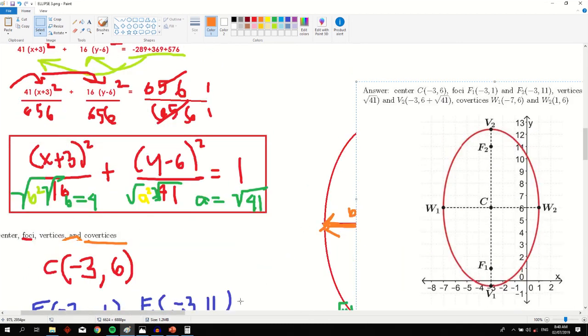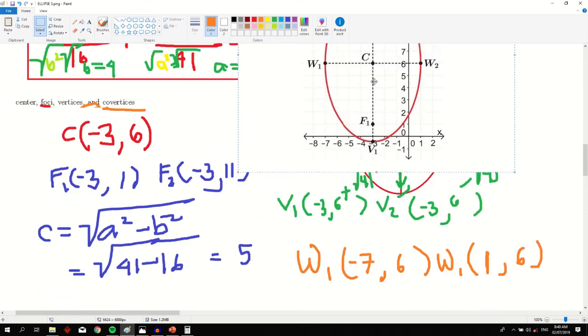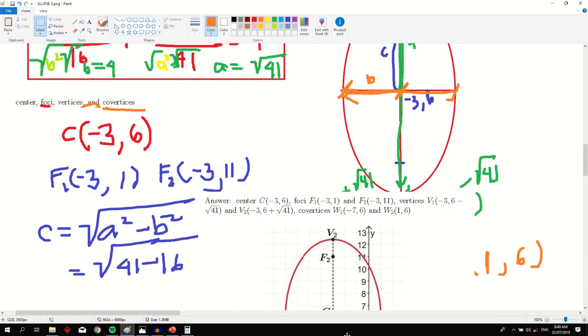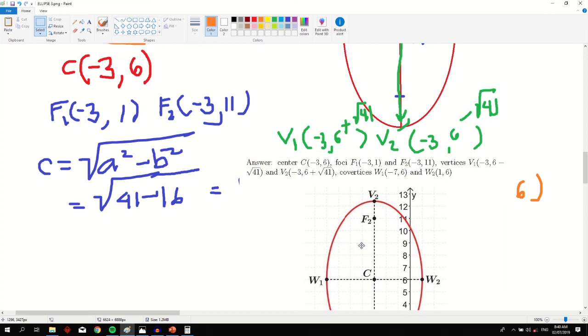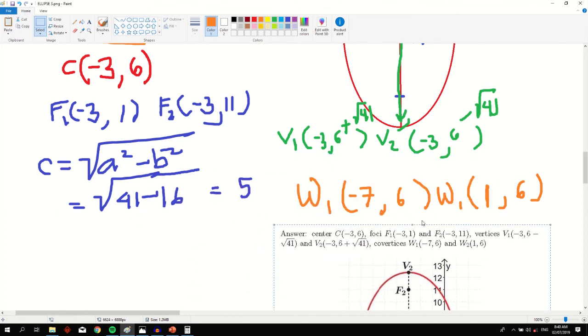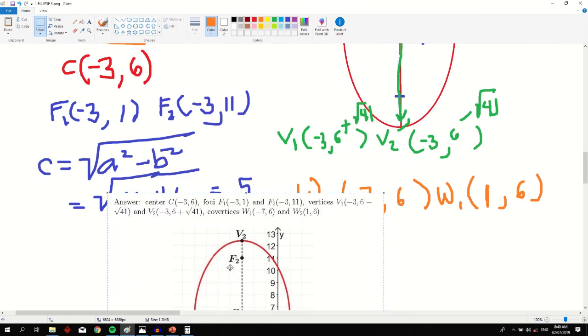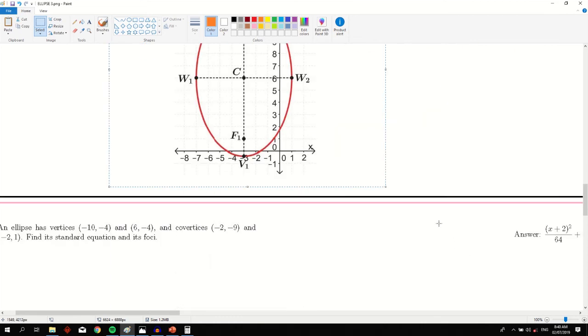Correct. The vertices are negative 3, 6 minus the square root of 41, and negative 3, 6 plus the square root of 41. The covertices are negative 7, 6 and 1, 6. So we have this answer correct.